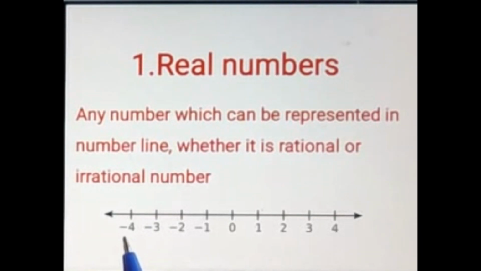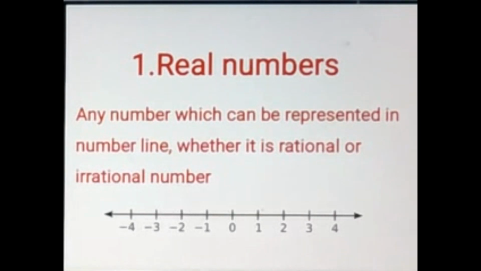Okay, so this is a number line, and in a number line the numbers are represented in a systematic order. If any number can be represented in a number line, it is called a real number. Rational numbers are those numbers which can be represented in the form of p by q, where both p and q are integers and q should not be 0, that is, the denominator should not be 0.